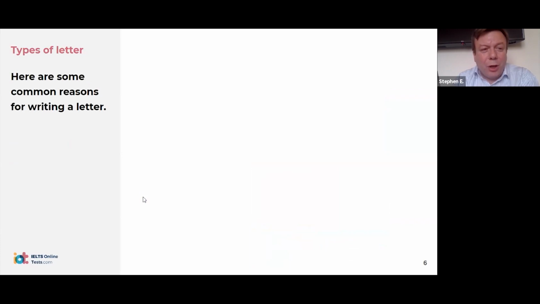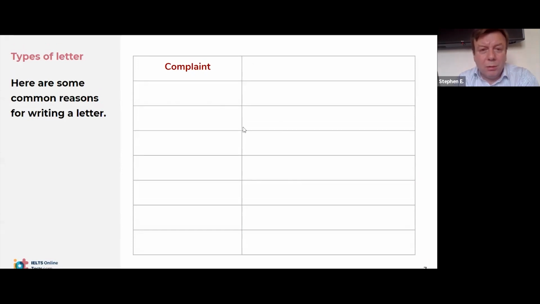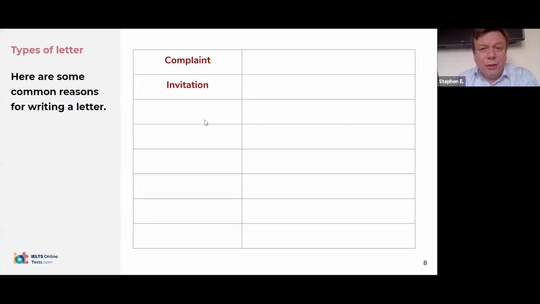So, common reasons for writing a letter. We've got a number of different task types. We've got a complaint. Can you think of any times you might complain? Bad service, bad meal? Yeah, good. Invitation. We've already had some invitations there: wedding, party.